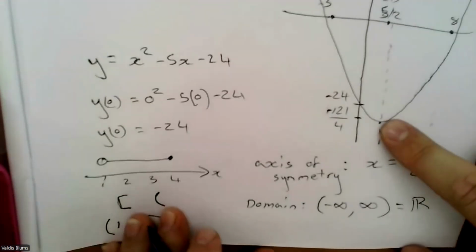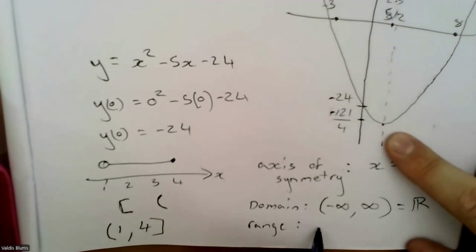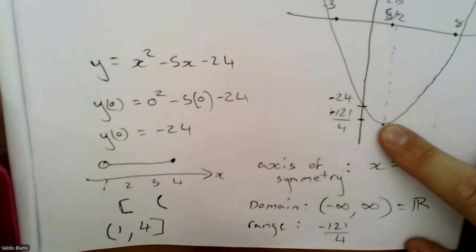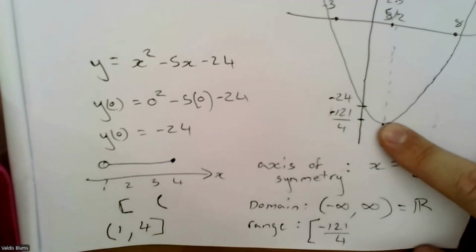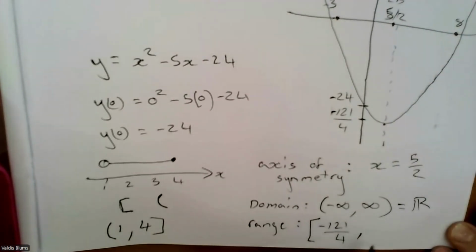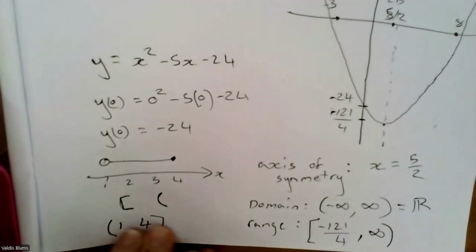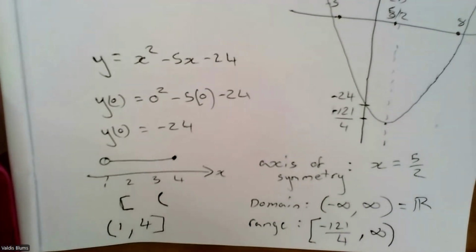So our range for this question is negative 121 on 4. It actually touches that value, so it's got a square bracket on that side. And then it keeps going up to infinity, so comma, infinity with a parentheses symbol. So that would be our domain and range for that question as well.